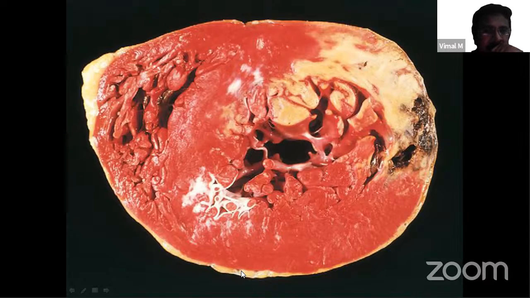This stain stains the LDH, the lactate dehydrogenase enzyme, in the myocardium. Normal heart tissue has that LDH, and because normal myocardium has LDH, TTC will stain it mahogany brown in color. See this mahogany brown color; the normal viable myocardium has LDH in it, so the TTC stains for that.